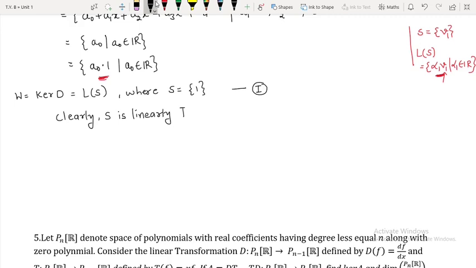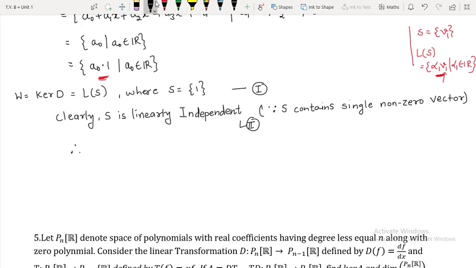Whenever our set contains a single non-zero vector, that set is linearly independent. So I will write here, S contains a single non-zero vector, and I will call it 2. Therefore, from 1 and 2, S is a basis of the kernel of D, right?